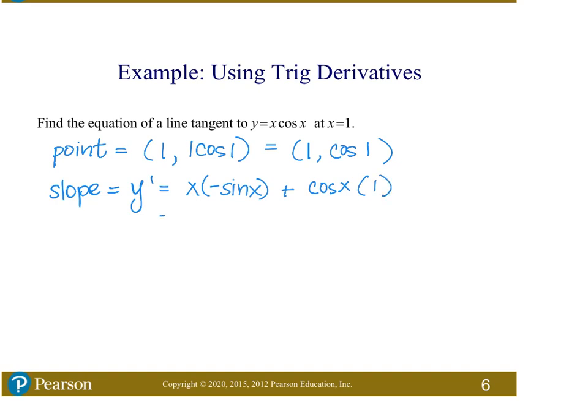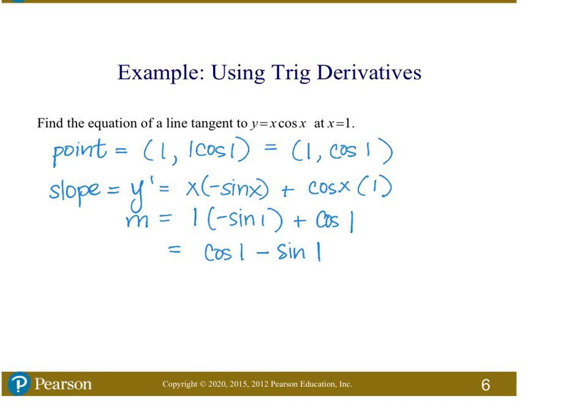And then finding that value at 1, so m would equal 1 times the negative sine of 1 plus the cosine of 1. So we're looking at cos 1 minus sine 1. Again, don't turn that into a decimal. Just please leave it in its exact form.